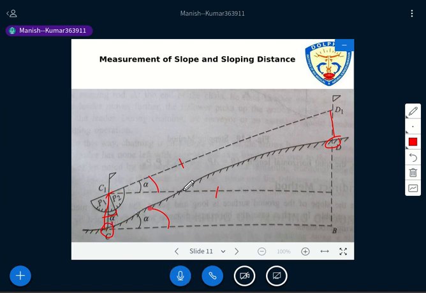We can measure this sloping length, so name it L. The angle is alpha, and now we need the base. The trigonometry suggests that we can use the formula: B is the base, so B = L cos alpha. Is it clear to all of you? L cos alpha. So B is the horizontal distance, or the horizontal equivalent of this sloping length. Is it clear to all of you up to this point?